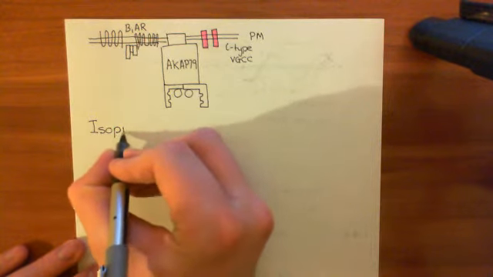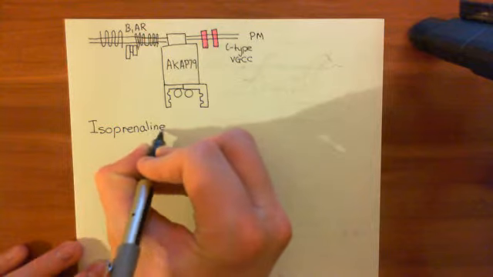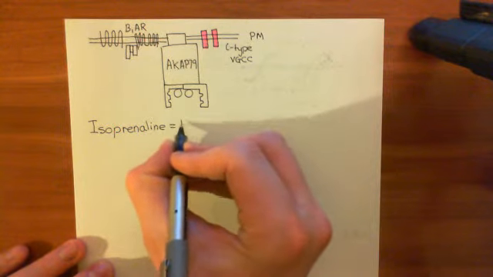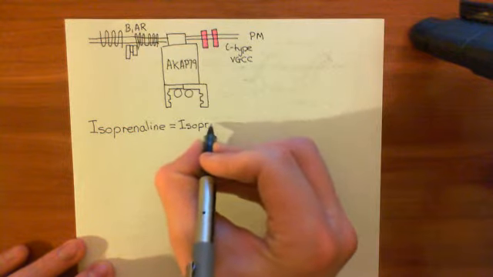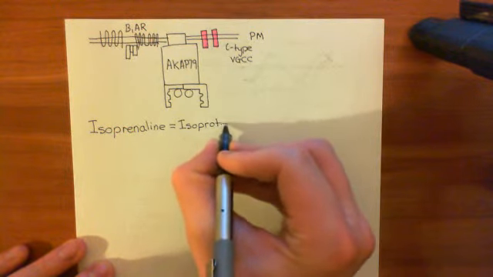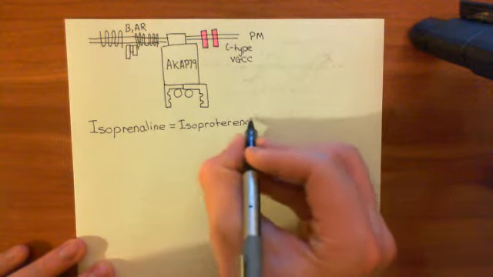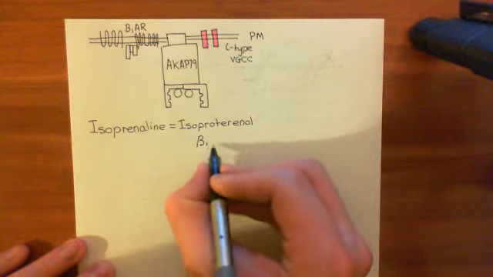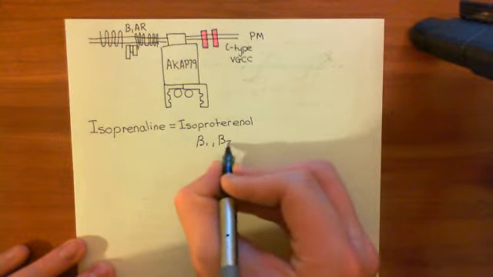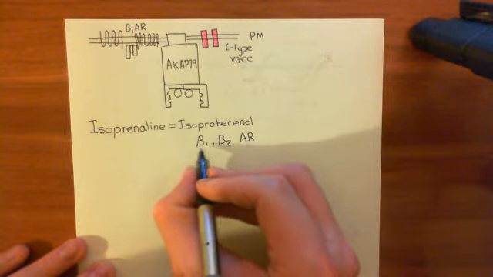Okay, so isoprenaline is a selective, well, it's actually a non-selective beta adrenergic agonist, and it's also got the name isoproterenol. Okay, so this is an agonist for the beta-1 and also the beta-2 adrenergic receptors. Okay, so it will bind to them and activate them.